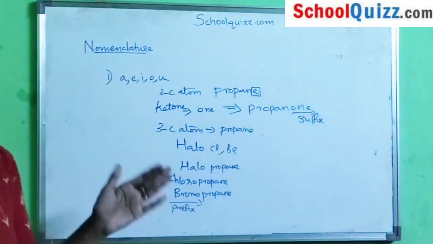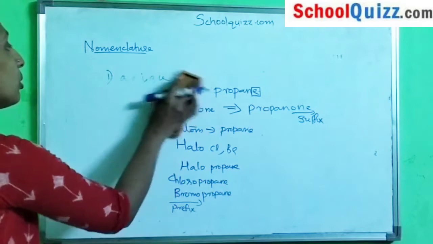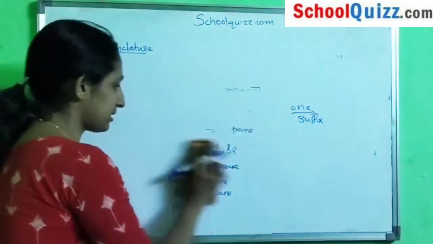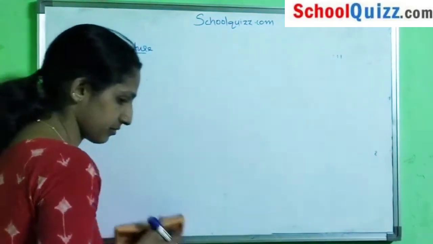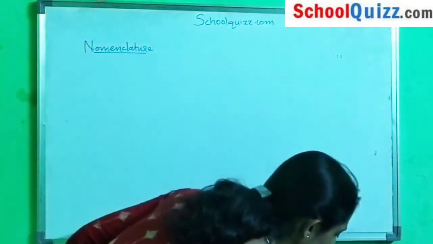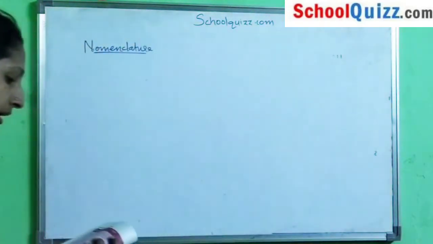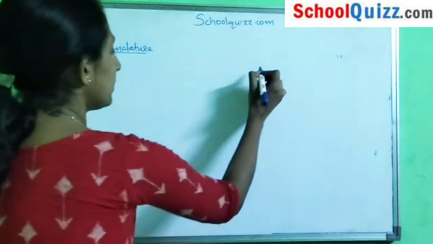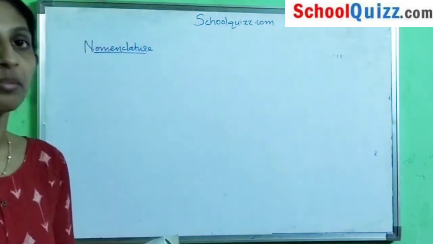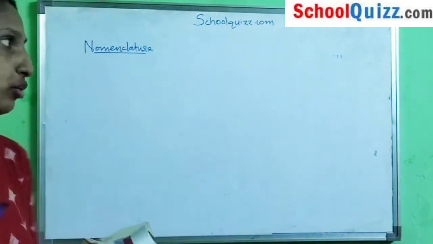Likewise, we can name each and everything. So, we can look at some examples now. We can take the example of a propane group. That is, we are adding these functional group substitutions to a propane group.